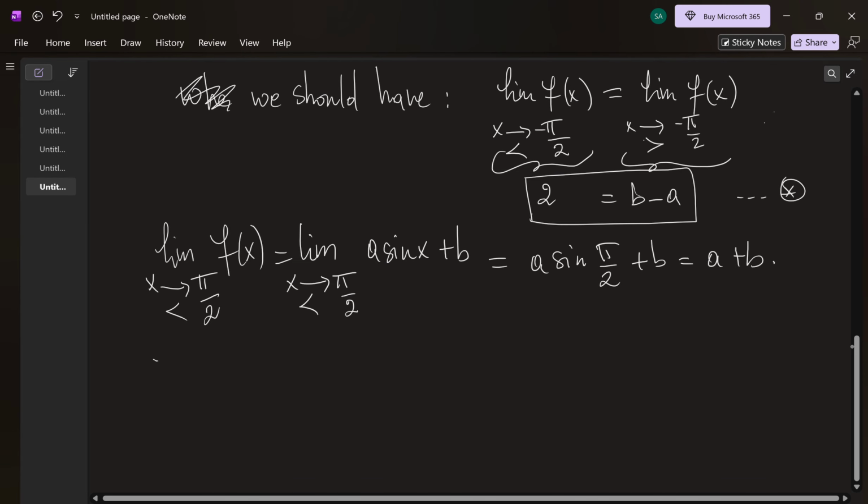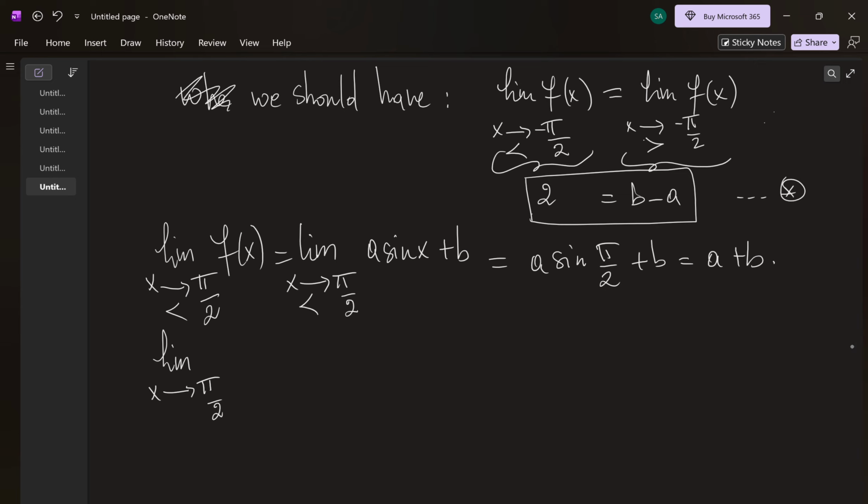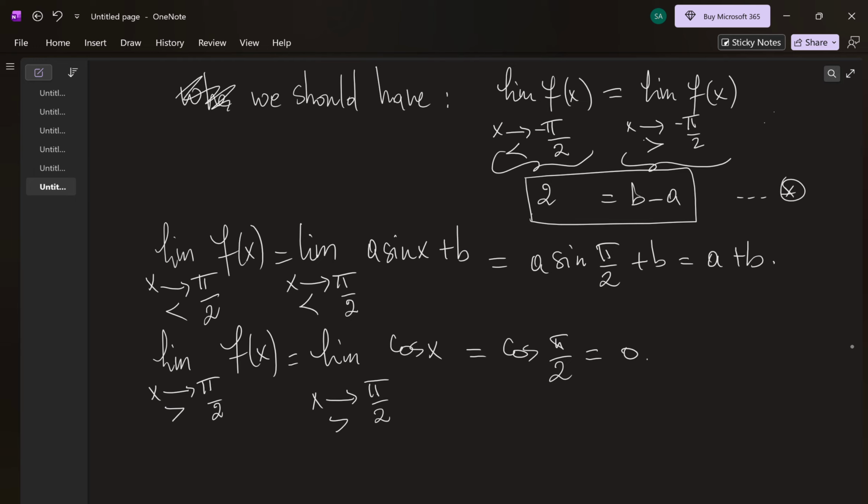And the limit when x goes to p over 2 from the right of f of x is equal to the limit of cosine x, because x belongs to the third interval where the function is equal to cos x, which is equal to cos of p over 2, which is equal to 0.